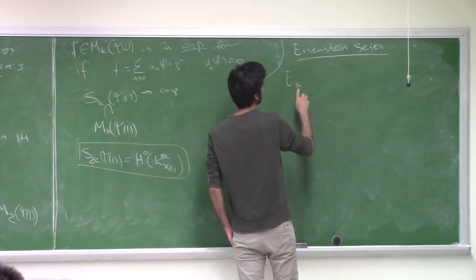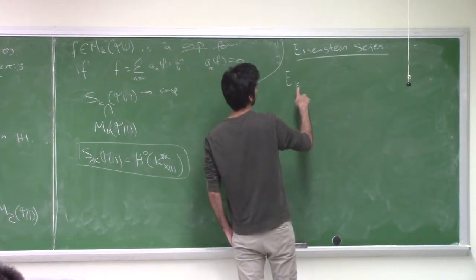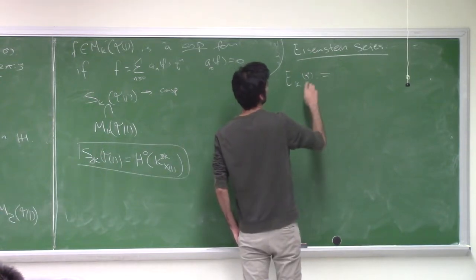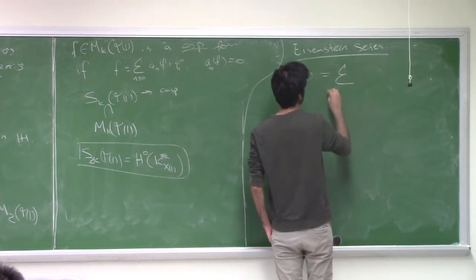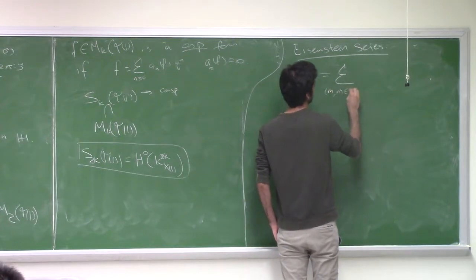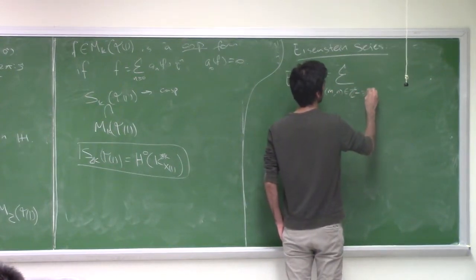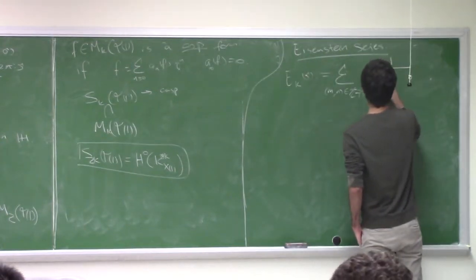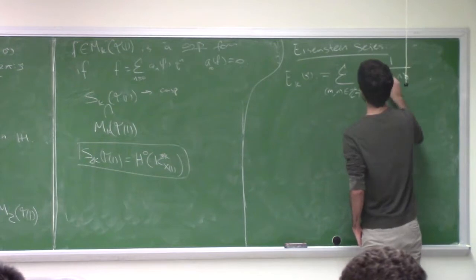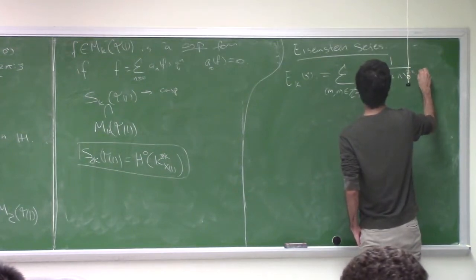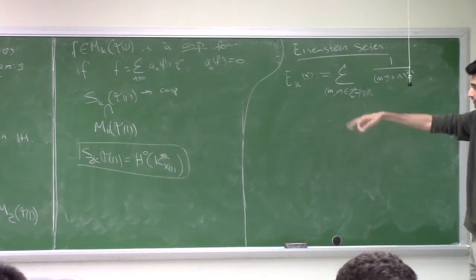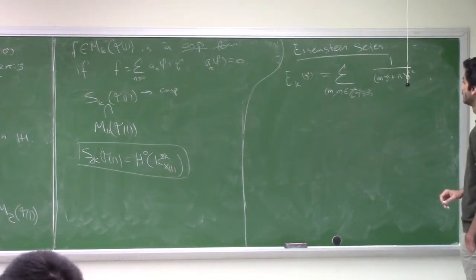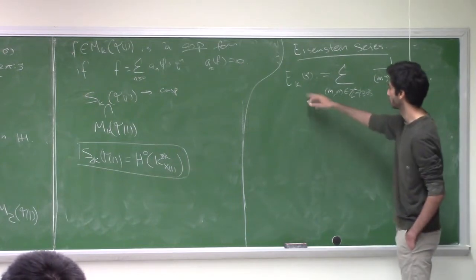It's a weight k modular form, and E_k(tau) is simply the sum over (m, n) in Z^2 minus (0, 0), of 1 over (m tau + n) raised to power 2k. It's convergent and it satisfies the right transformation property that just comes from a simple calculation. So these are called the Eisenstein series of weight k.